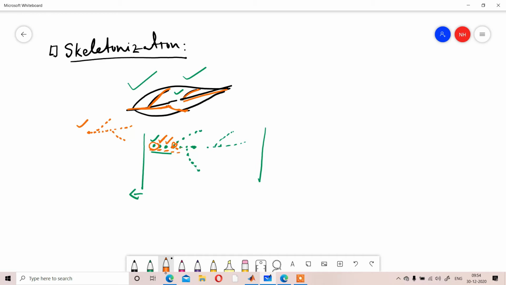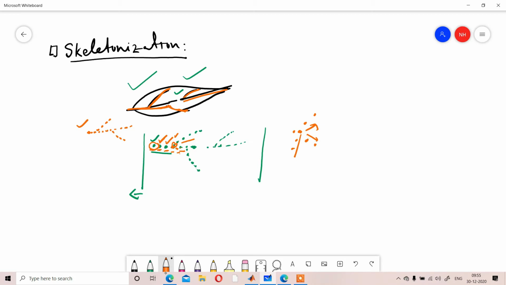Two different neighborhoods means you have two different lines. As it is a skeletonized image, one neighborhood pixel means you are getting a single line. Whenever you consider two different neighborhood pixels, you get two different lines. In the same way, three different pixels means three different lines. So in that position you are getting two different pixels, meaning you have two different lines.